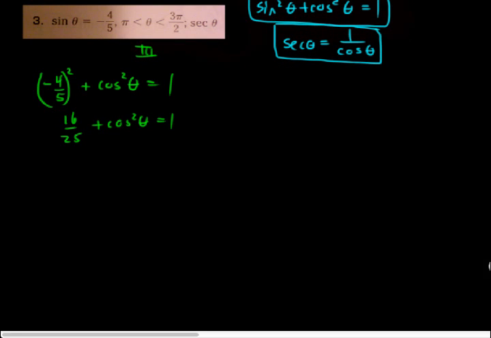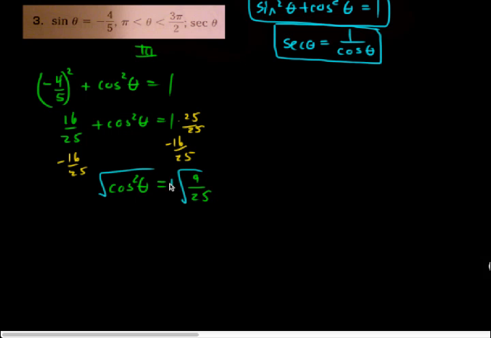Subtract 16/25 from both sides. And I'd have to multiply by 25 over 25 to get a common denominator. 25 minus 16 is going to be 9, so cosine squared theta is going to equal 9/25. And to get cos theta by itself, I've got to root both sides, plus or minus.